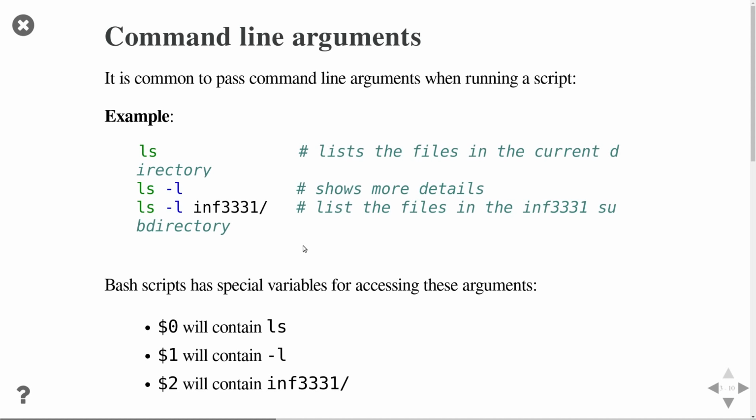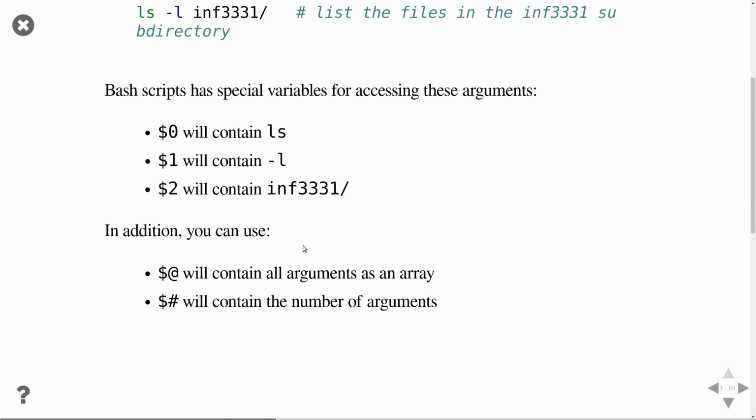So $0 will be ls, $1 will be -l, and $2 will be the inf3331 in this case. In addition, you can use $@, which will give you all the arguments that are being passed as an array. Or you can use $# to get the number of command line arguments that have been passed.